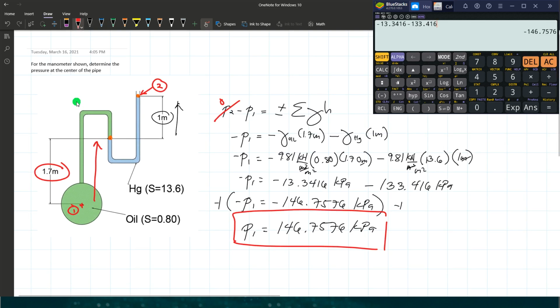So that's how a manometer works. We just determine the pressure head of each liquid, and through those pressure heads, using this general equation, we can determine the pressure at the pipe.